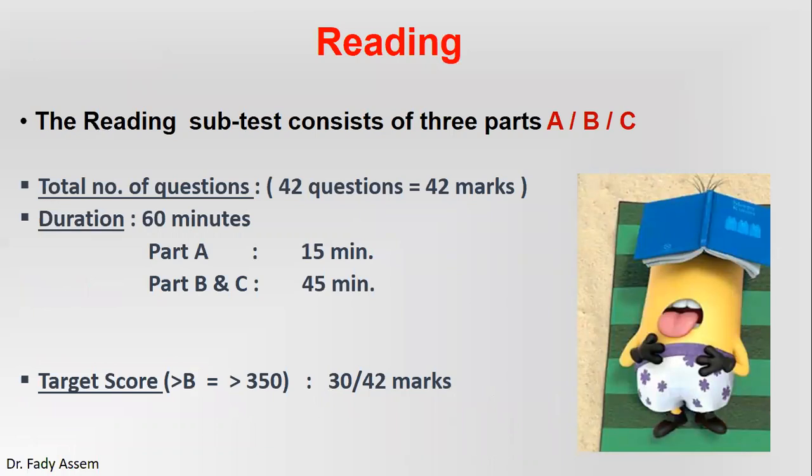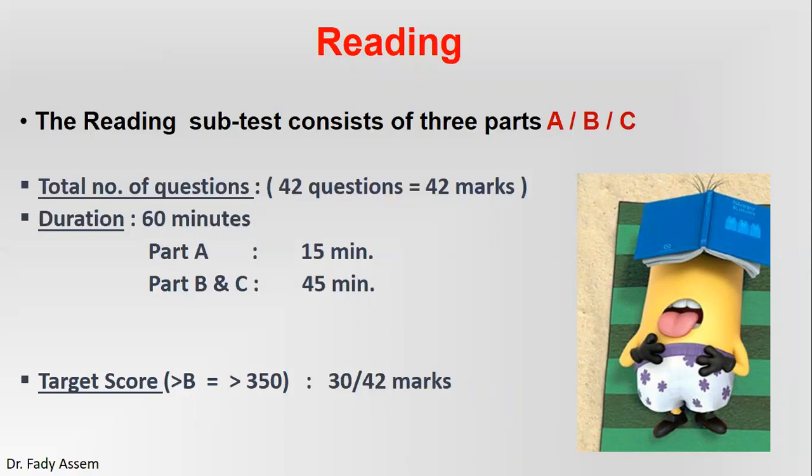The reading subtest. The reading subtest also is formed from 3 parts, A, B, and C. The total number of questions is 42 questions, as we mentioned in the listening subtest. The duration of the reading subtest is 60 minutes. It's divided into 2 sections. In the first section, part A, 15 minutes.